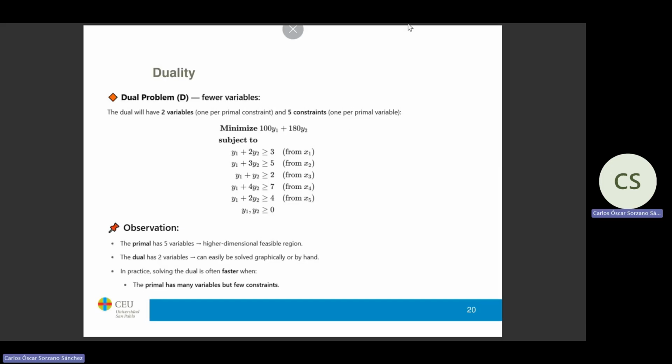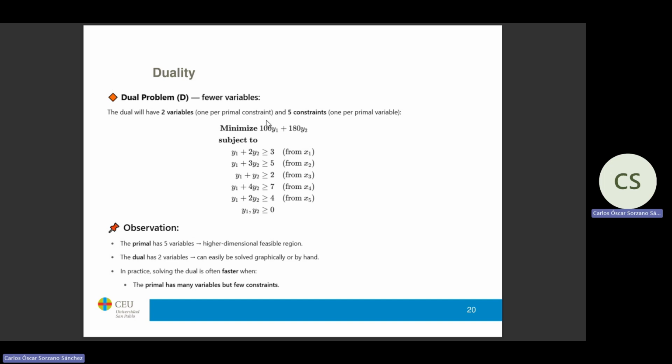This is what is written here, not in matrix form. Now it is much easier to solve. This is a two-dimensional problem, so you can draw it, and if you count how many steps in the simplex, it will be fewer, because once you make two ones, all the rest of the elements in the column will be zero.